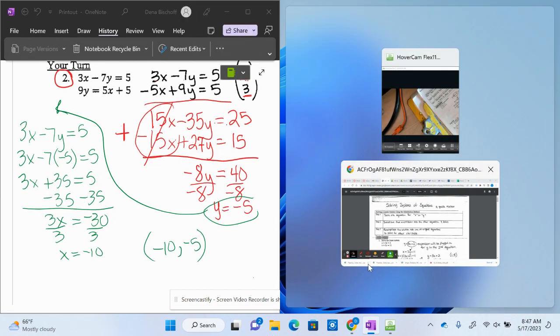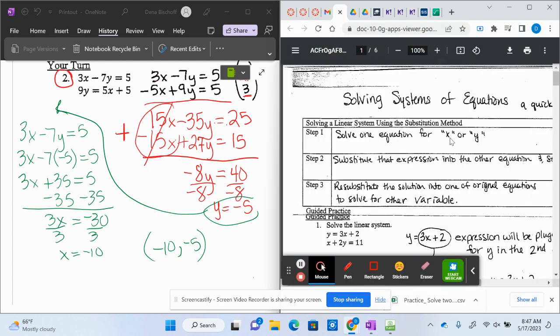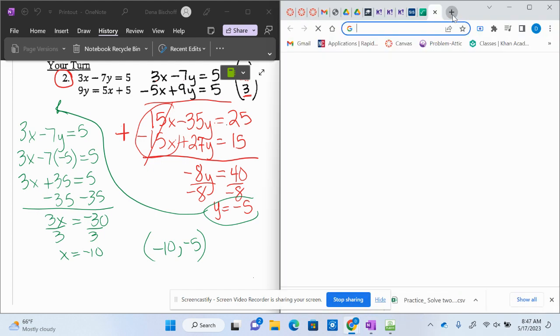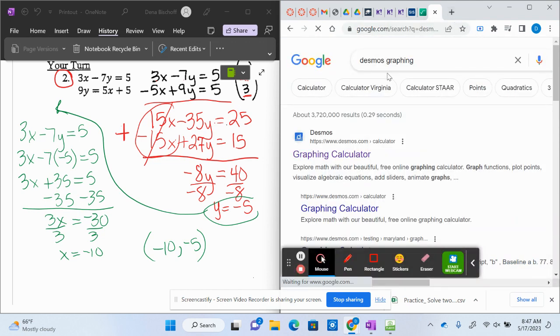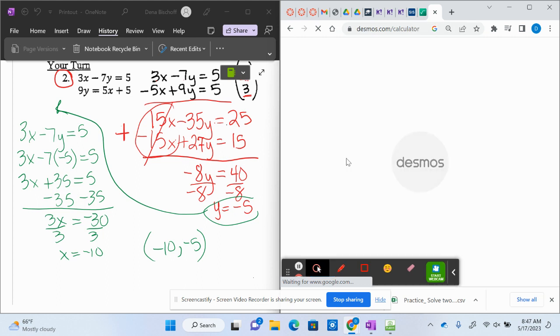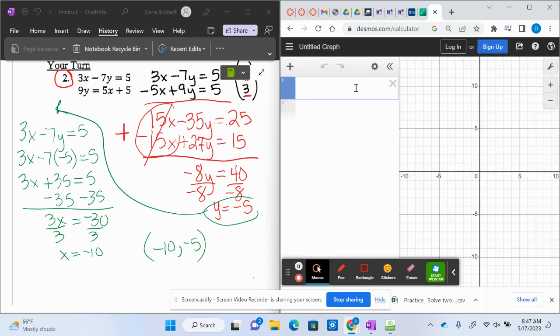I'm going to shrink that up for a second and leave it there so you can still see it. And I am going to pull something up to remind you of something that you know. What do you guys know about systems? If there is a solution to the system, what does that mean?